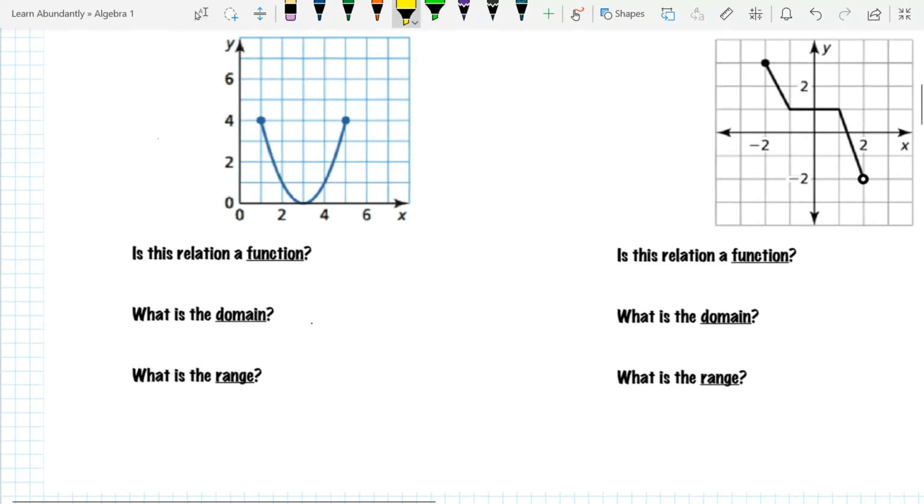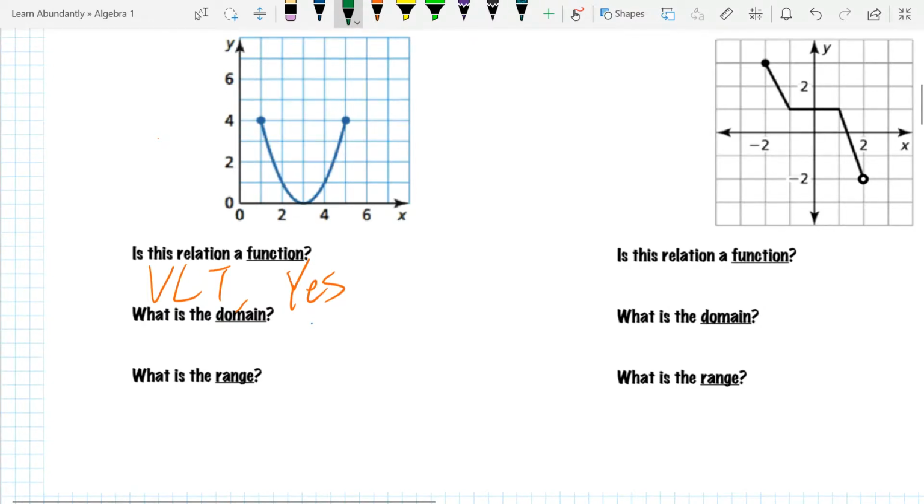So our first example, it looks like we have another function because all the vertical lines pass the vertical line test. So I'm going to say vertical line test. So yes, it's a function. I'm going to erase my vertical line so I don't make too much of a mess. The next thing I'm going to do is I'm going to look for the domain.